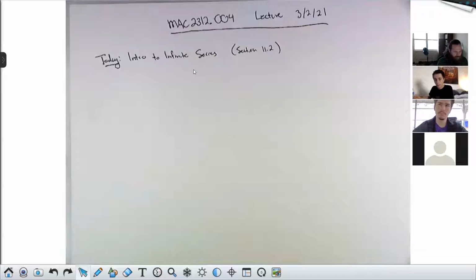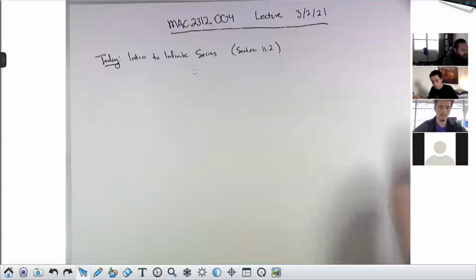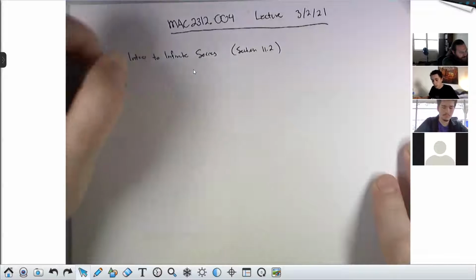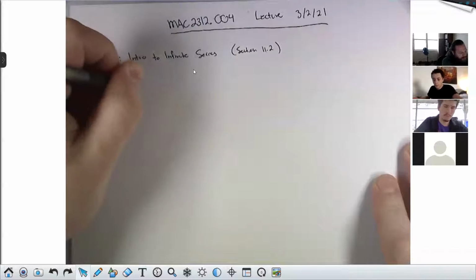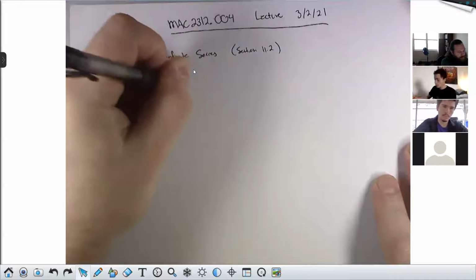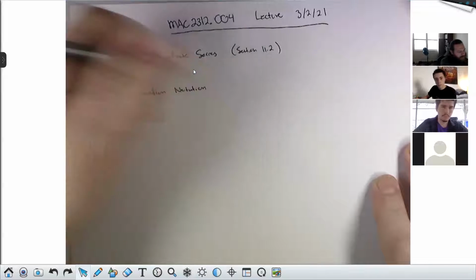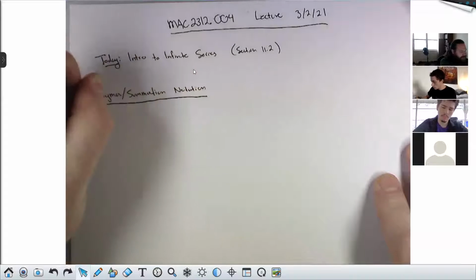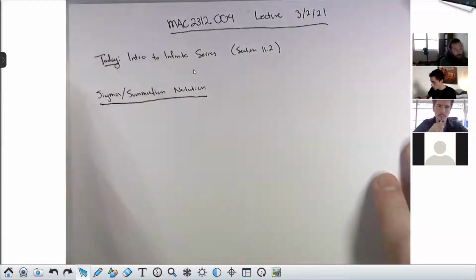I think the first thing we need to do here is talk about the notation. Sigma or summation notation. In theory, you've seen this before, and I should be able to trust that you are comfortable with it. In practice, I know that isn't true.